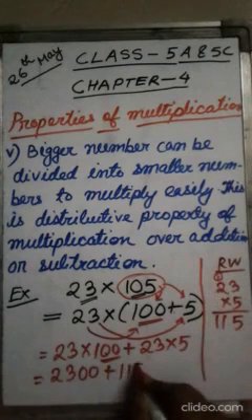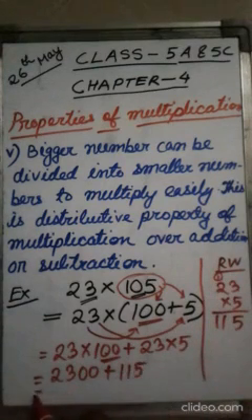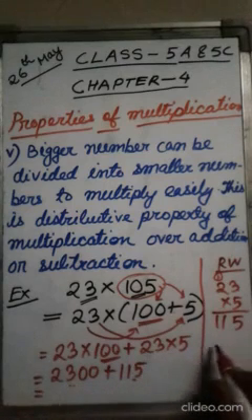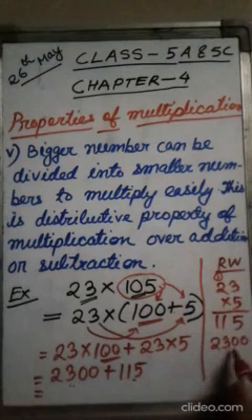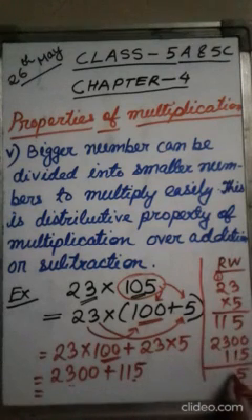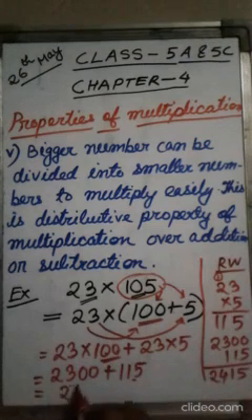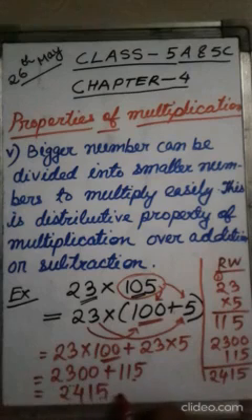So 115. Now we have to add these two numbers. 2300 plus 115 will give you 2415. So this way we can easily multiply two numbers.